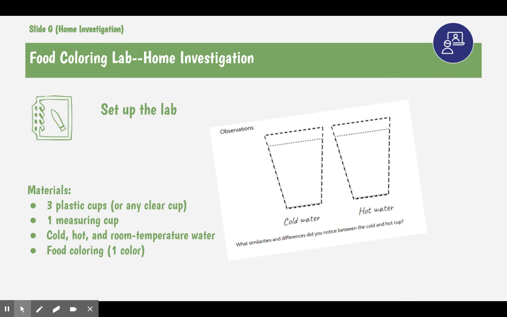But before I end the Edpuzzle, these are the things that you need for the at-home investigation. You would need 3 plastic cups, a measuring cup, cold water, hot water, room temperature water, and some food coloring. It does not matter what color it is. Some liquid food coloring, not the gel stuff, the liquid stuff.